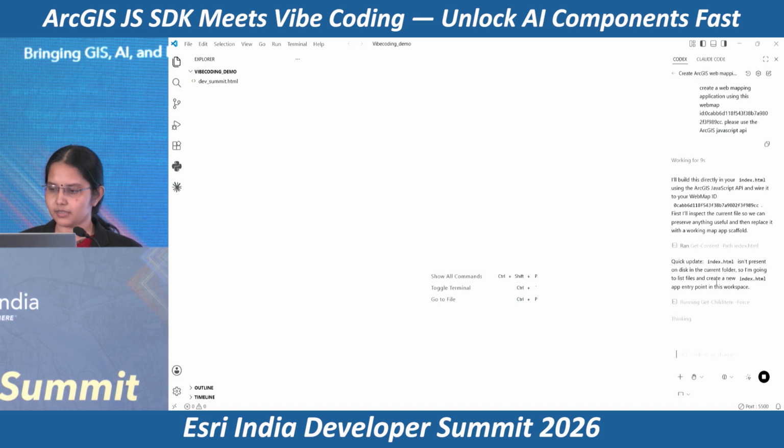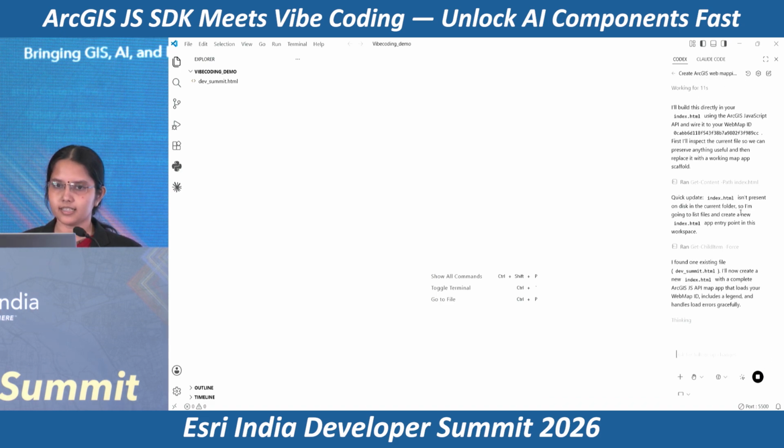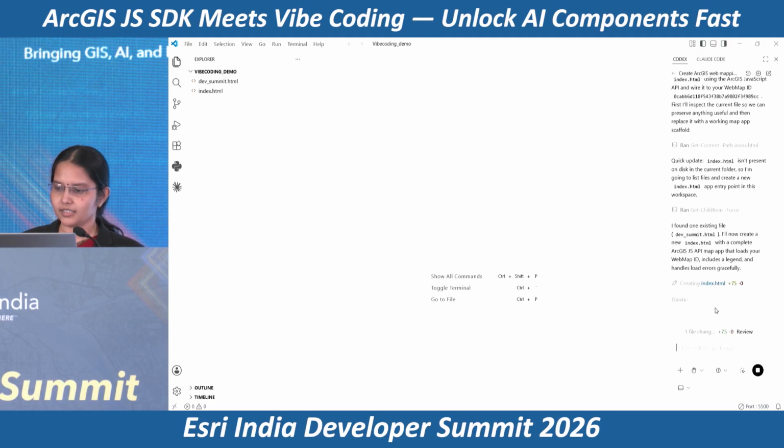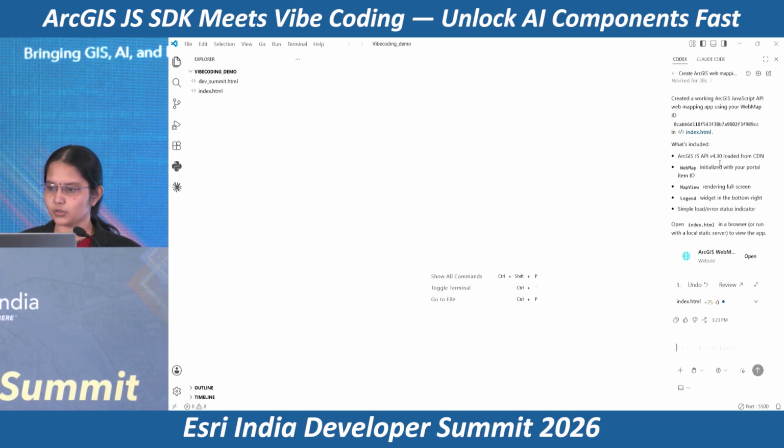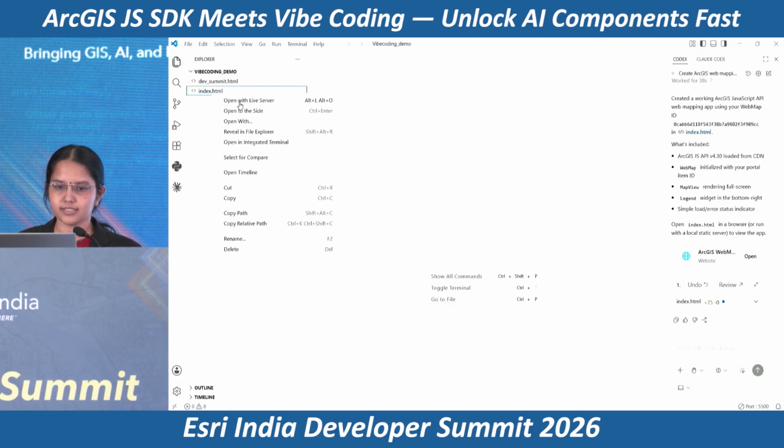Currently index.html is not there, so it is creating an index.html file, which is quite helpful. So let us give it some time to build it. I can already see it is referring to the right web map ID, and I can see the index.html file. So let's go live.